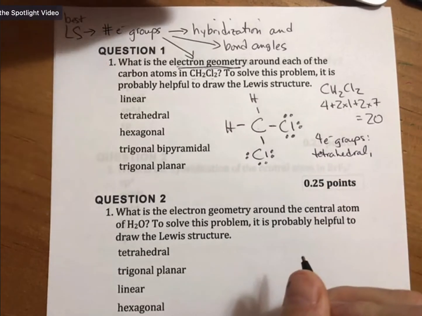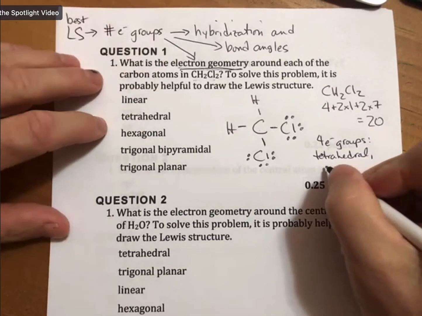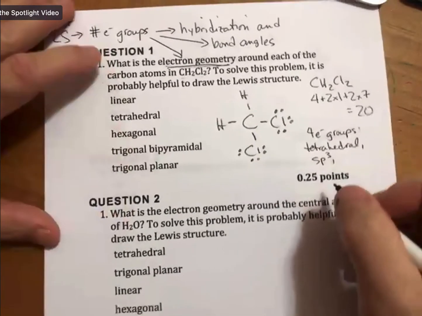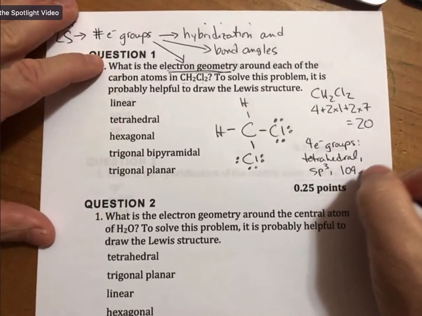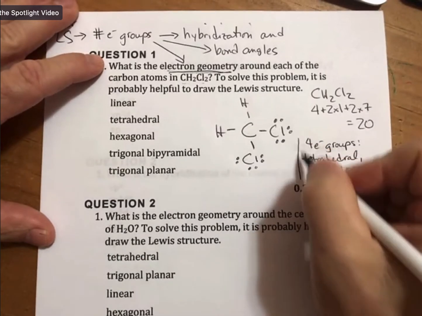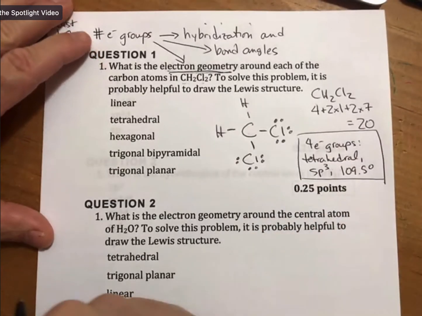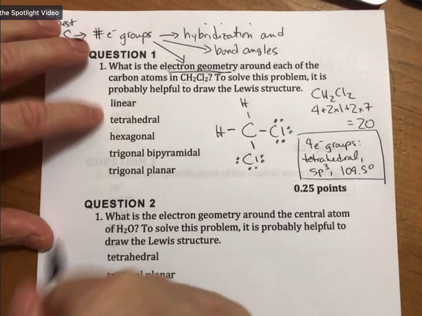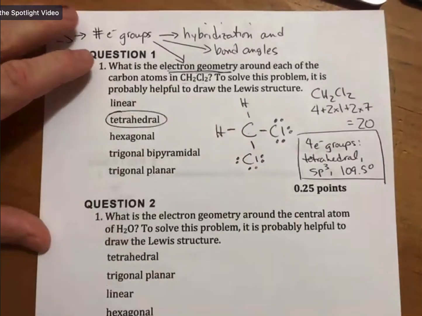The hybridization is sp3 and the bond angles are 109.5 degrees. And these always go together. And so for this one, the answer is going to be tetrahedral.